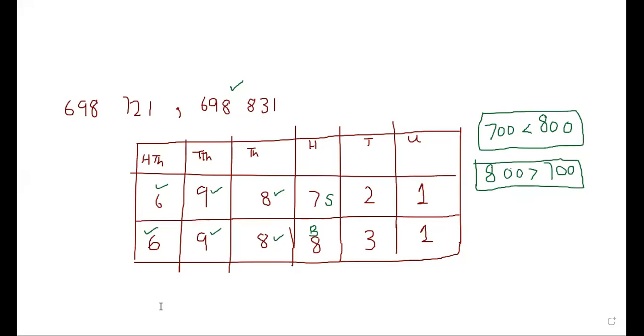So the answer of this one is 698,831 is greater than 689,721. So by using these rules, we can easily find which one is greater and which one is smaller.